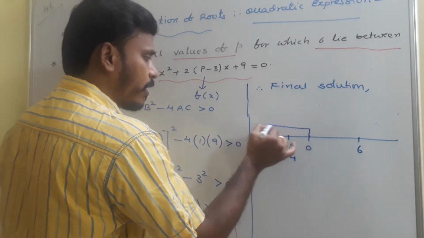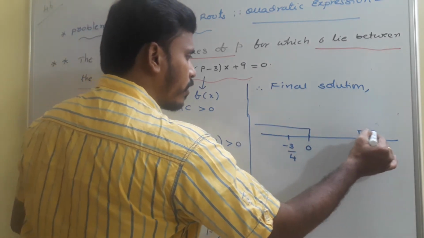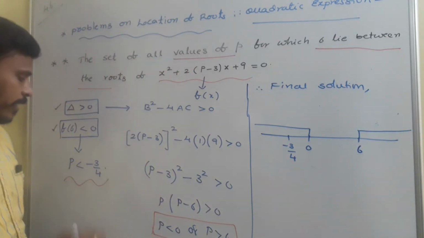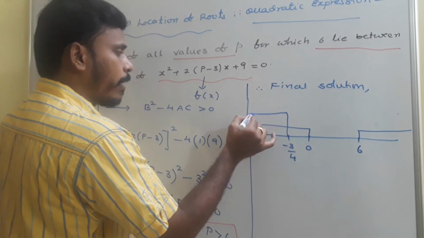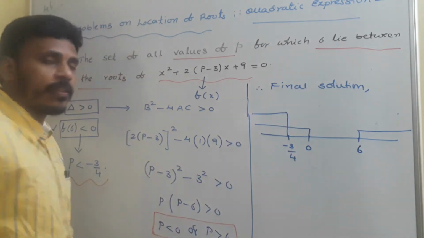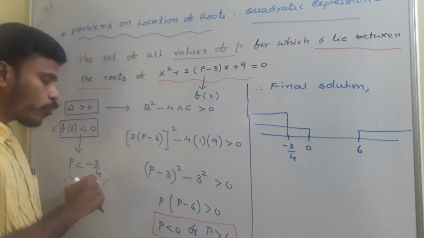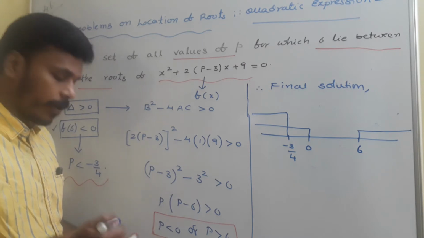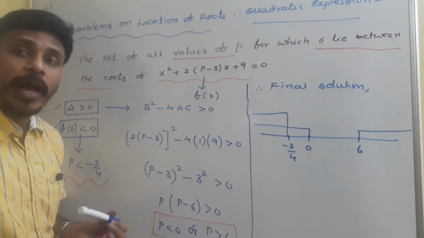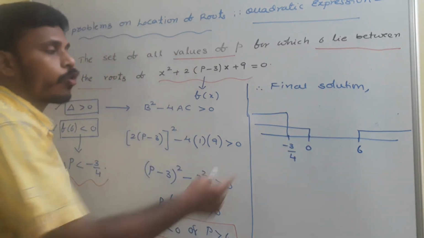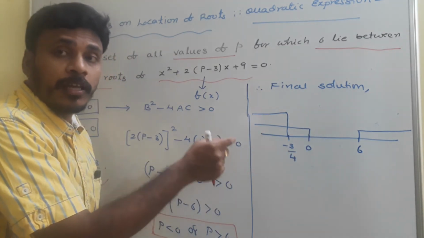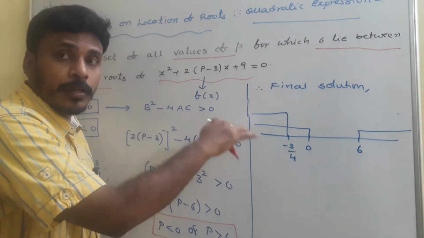Second case, p less than minus 3 by 4. No solution is there in that part. These two together must happen, and that's why we need to identify the region which is common for these two cases.